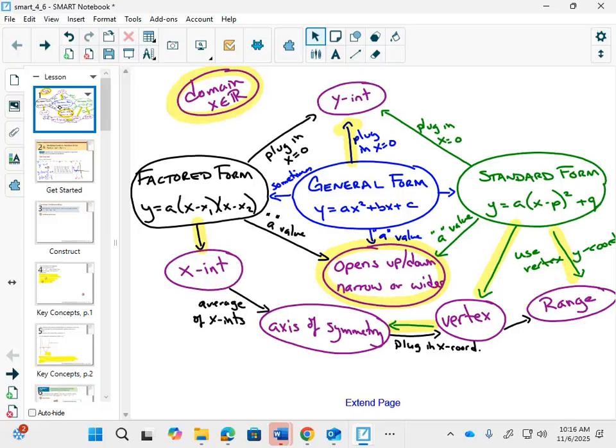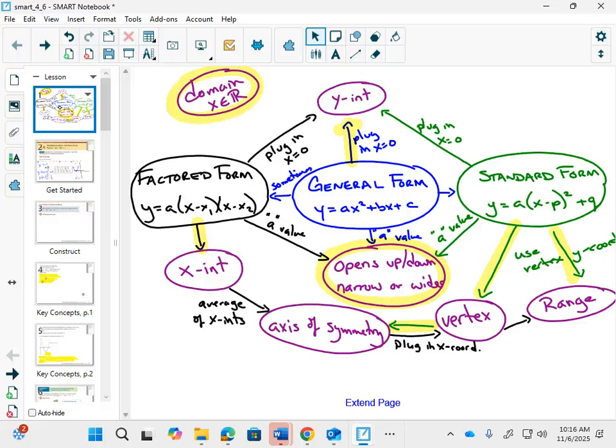You also know the a value from the general form, and the a value will tell you whether it opens up or down, and whether it is narrower or wider than the original x squared graph. That is the only thing the general form helps us with. If we want a graph, we need either the factored form or the standard form. Question? Plug in x equals 0, and that finds your y-intercept.